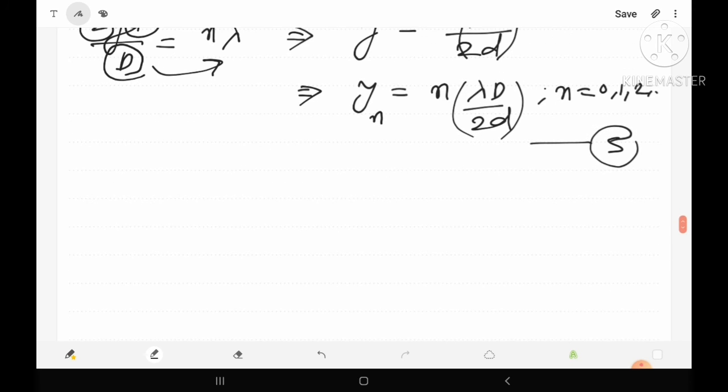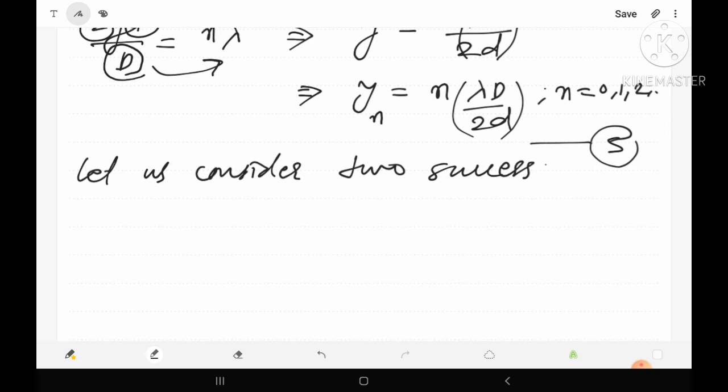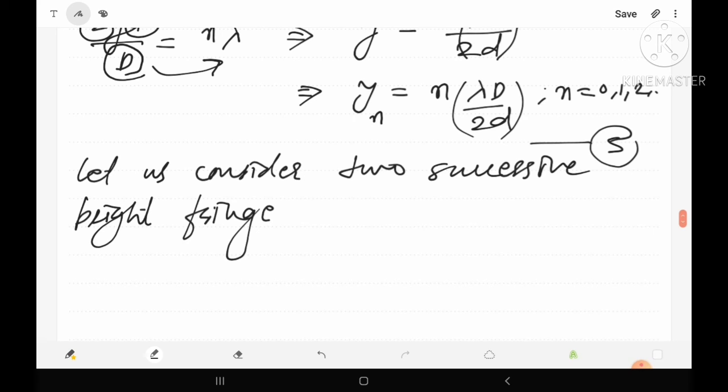Now if we want to find the separation between two successive bright fringes, let us consider two successive bright fringes, suppose nth and n plus 1th.